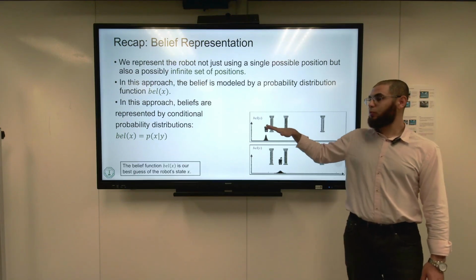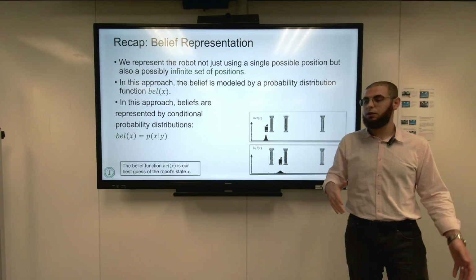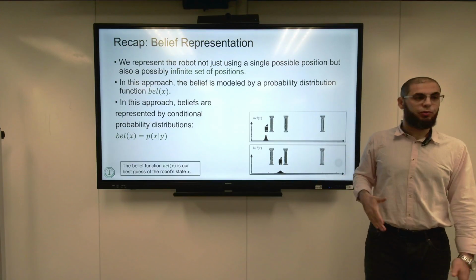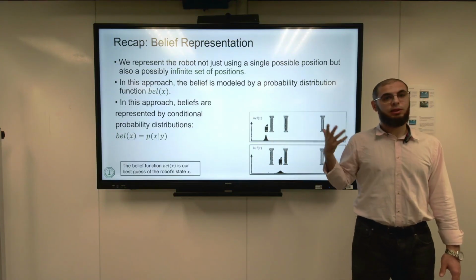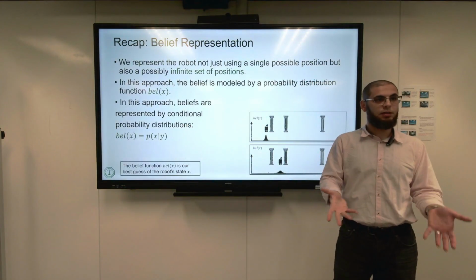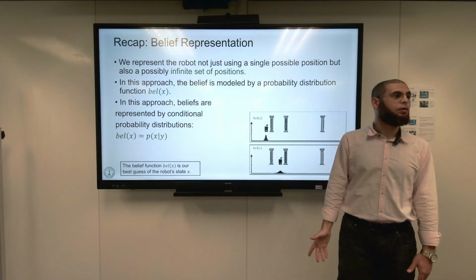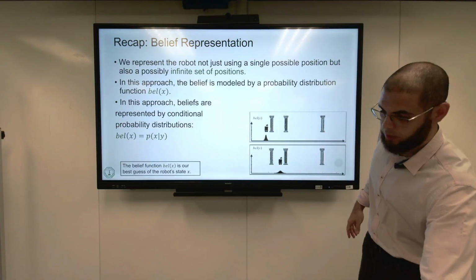So the state of the robot X, you want to estimate it using this Gaussian. So we assume we have a probability distribution function of the state X given all of the data that we know about the system. So Y here is all of the data that we have about the system. This includes all of the sensors and even the previous states that we had earlier about the robot.